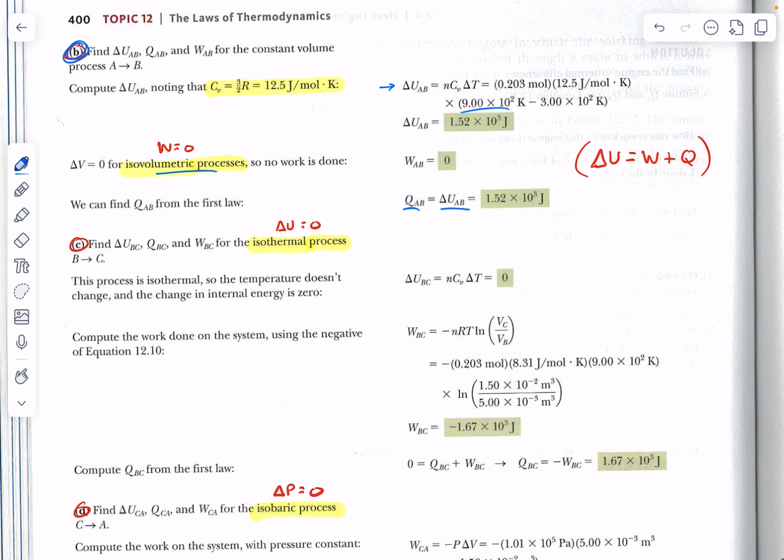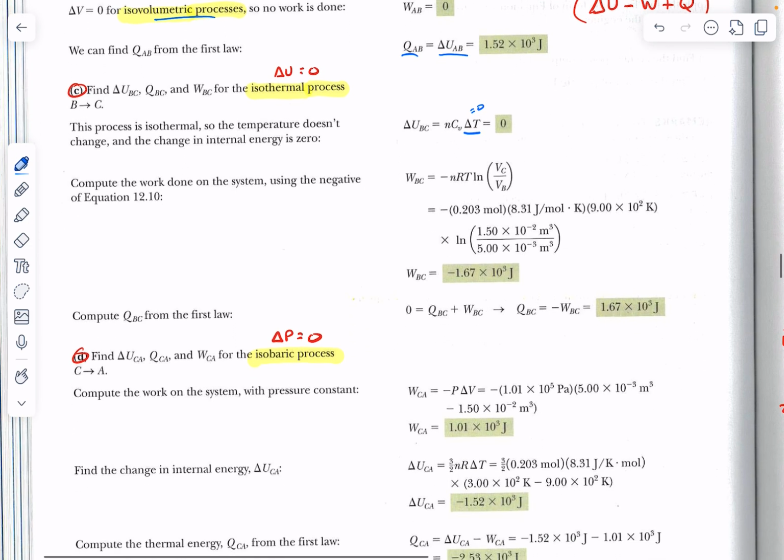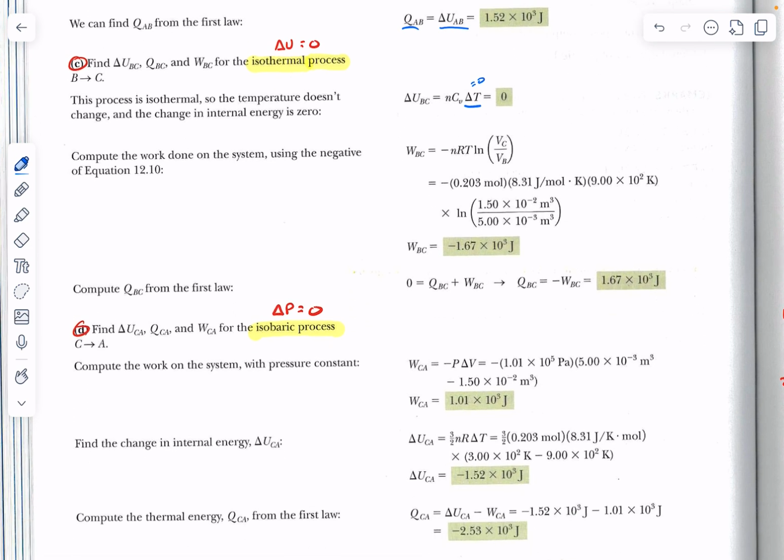And then in part C, we have an isothermal process. There is no change in temperature, delta T equals 0. So the internal energy is going to equal 0. And now we can calculate the work being done. And you saw this equation in the previous screencast.